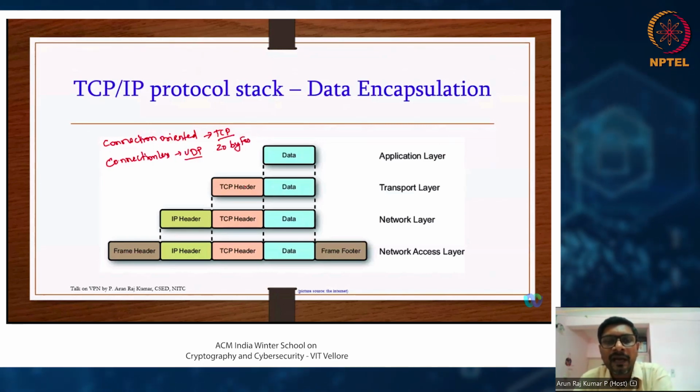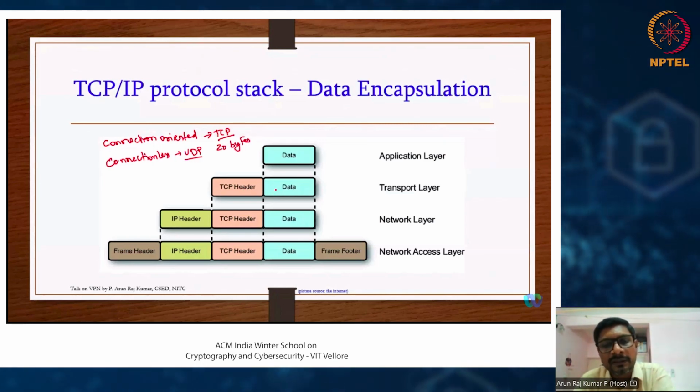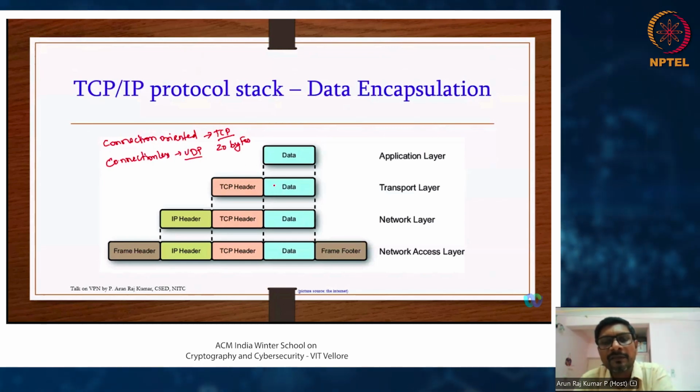So why do we have a header for all this data? Because it provides some additional information to the data, so on the receiver side, it is easy to fetch what exactly the particular data is. Connection oriented means we have to establish the connection between two points.